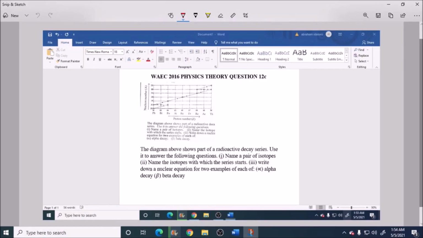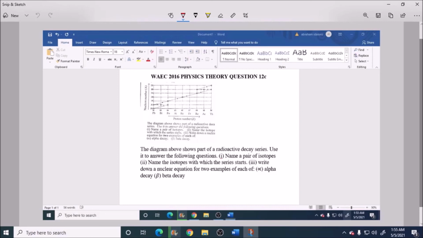Hello and welcome. Today I will be answering WAEC 2016 Physics Theory question number 12C, continuation of the old question in number 12. Now, the diagram above shows part of a radioactive decay series we are to use to answer the following questions. Now from the diagram, we are to name a pair of isotopes.